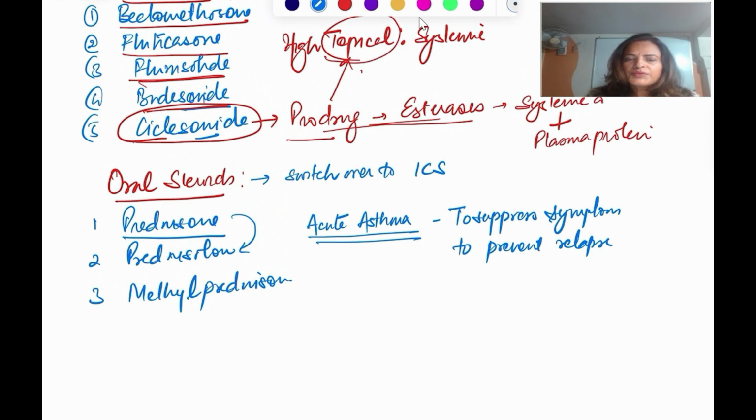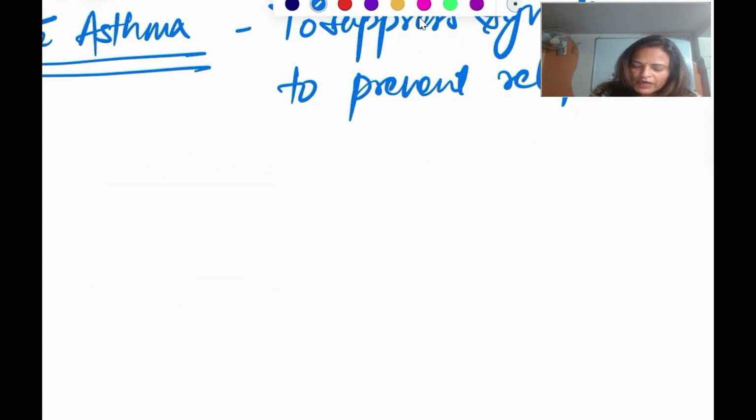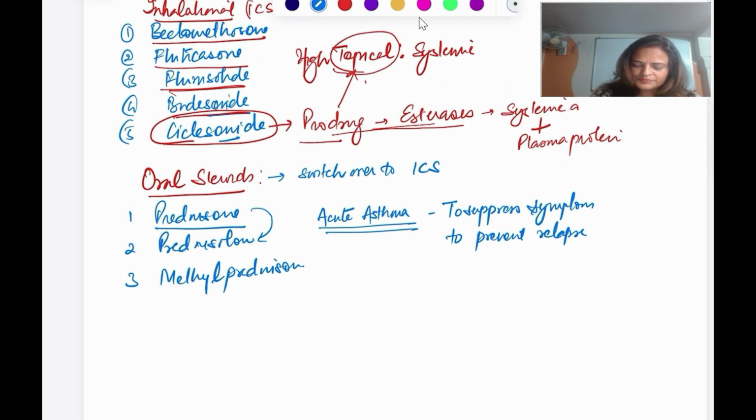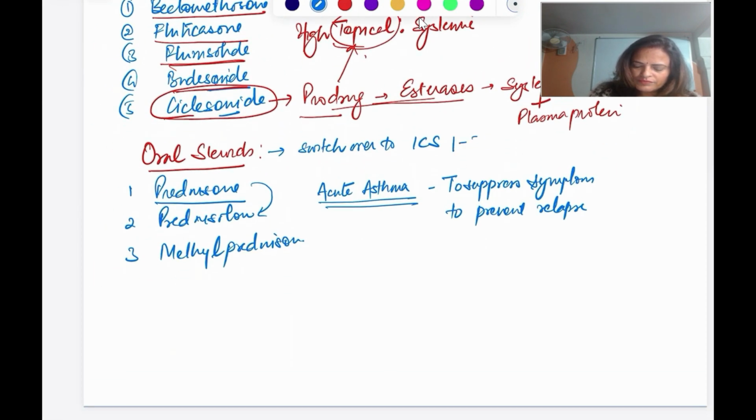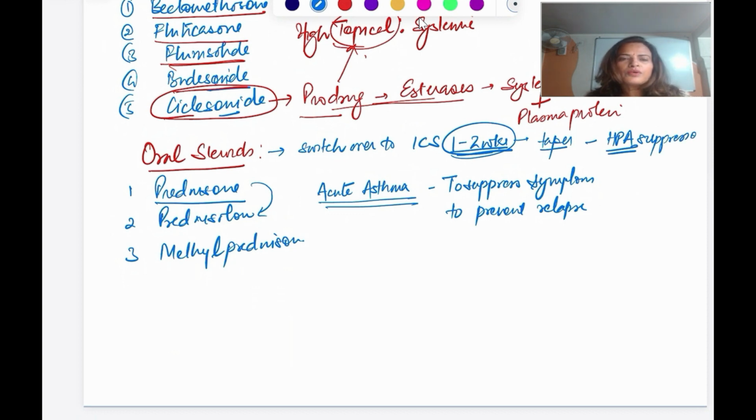There should be an overlapping of 1 to 2 weeks of the inhalational corticosteroid over the oral, and with this overlapping of 1 to 2 weeks we have to taper the oral steroid, just to prevent HPA axis suppression. To prevent this we do this. So this is about the oral steroid.